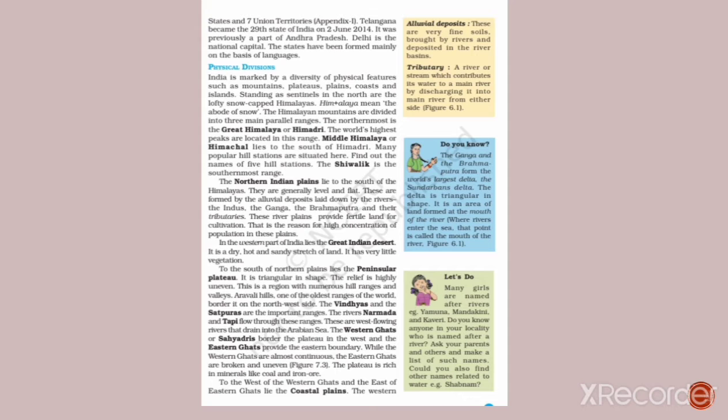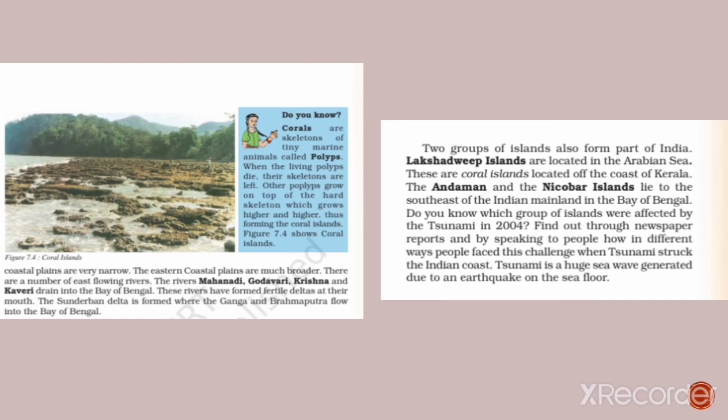To the west of the Western Ghats and east of the Eastern Ghats come the coastal plains as they are bordered by sea. You can observe that the coastal plains in the west are narrow, but the ones in the east are broad. The rivers like Mahanadi, Godavari, Krishna and Kaveri are east flowing rivers and they drain into the Bay of Bengal.